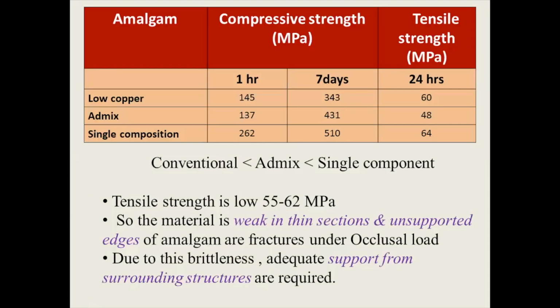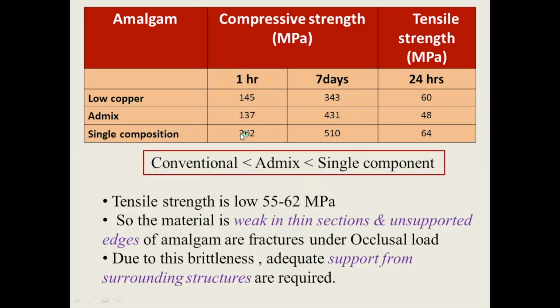Now this is a very good table which is telling you everything about the compressive strength and tensile strength, the 1 hour and 7 days compressive strength. Now here if you compare, the single compositional alloy has the highest 1 hour and highest 7 days compressive strength.